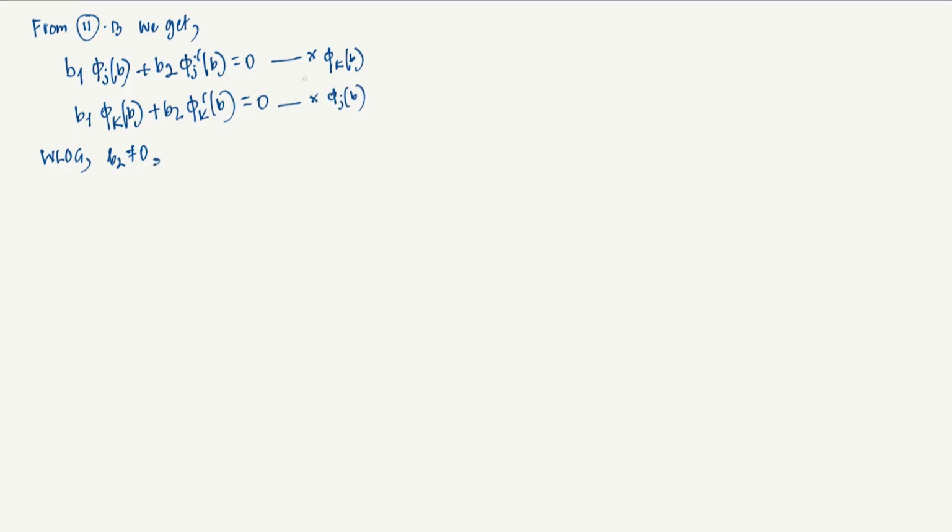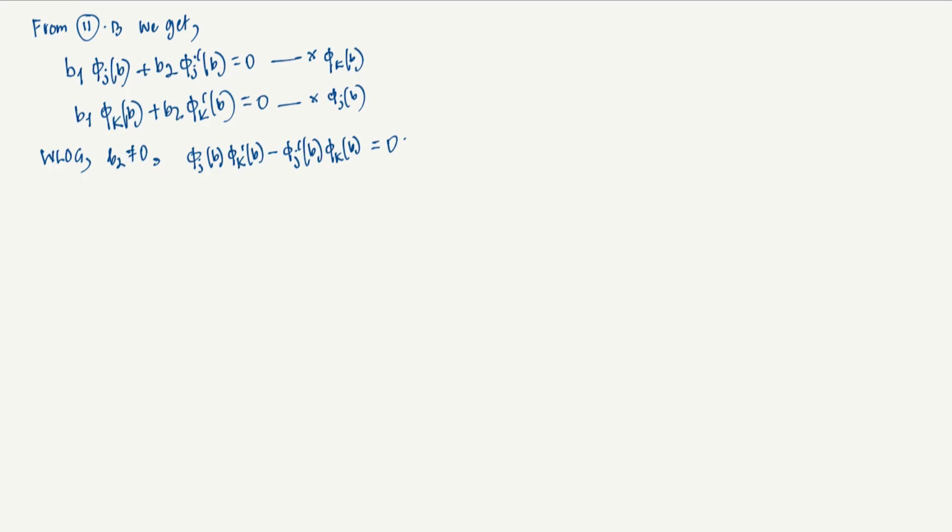If you do that, it becomes phi j at the point b, phi k prime at the point b, minus phi j prime at the point b, phi k at the point b. This is going to be 0, which is very easy to see. If b2 is non-zero, I can cancel out the extra terms, b1 cancels out, and since b2 is non-zero I can take it to the other side, and this is what I end up with.